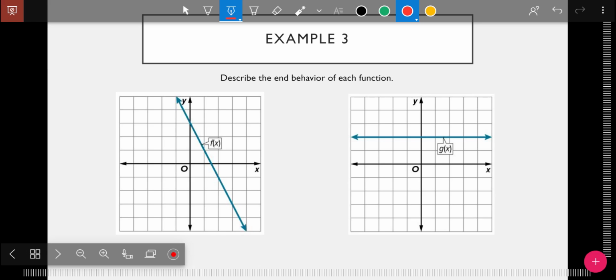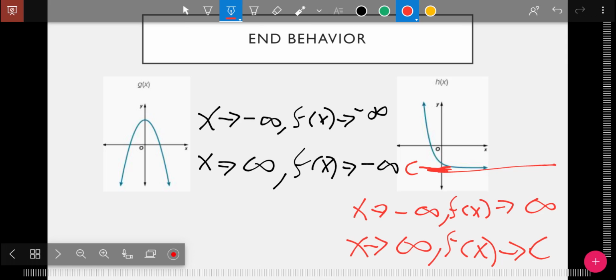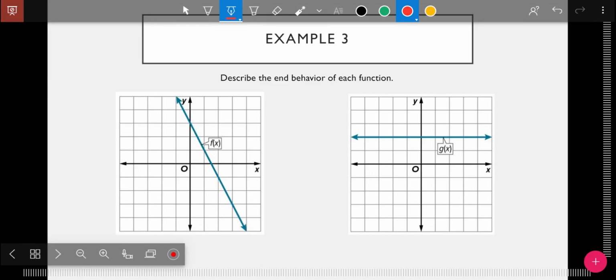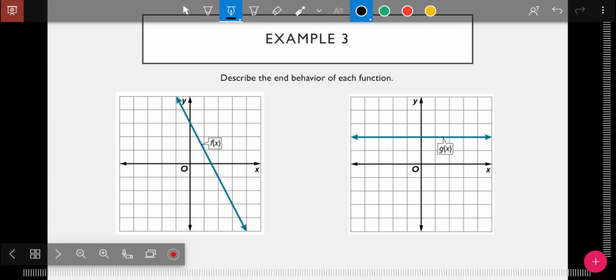Right? And so I'm just going to put C there. Sorry for the bell. All right, describe each behavior here. Oh, it's just the example. All right, sorry about that. As it goes left, so as x goes left, it's going up.